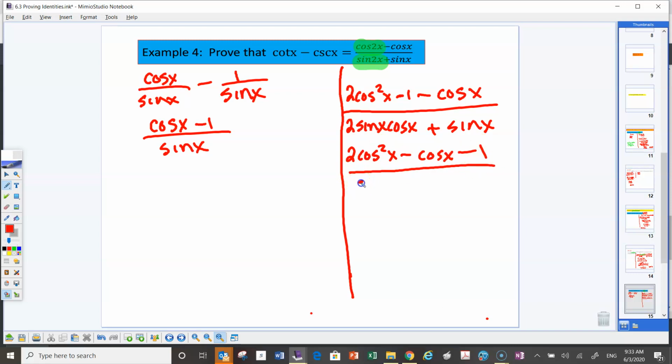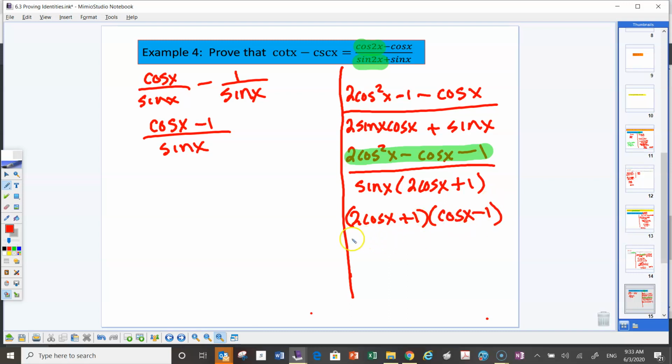And I'm going to factor a sine x out of the bottom to get that. Now, if you notice, this is a quadratic, and I'm going to factor that quadratic because it factors quite nicely into 2 cos x plus 1 times cos x minus 1 all over sine x and 2 cos x plus 1.